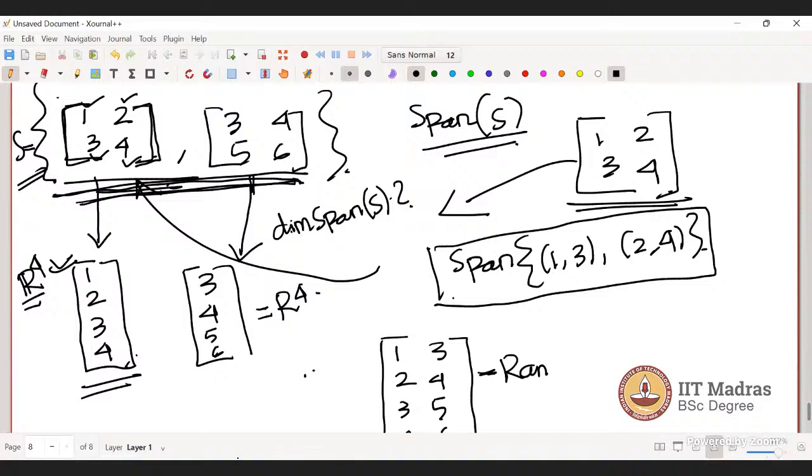The reason I wanted to tell you is this. To know the span of this, you can convert it into a matrix form, compute the rank of the matrix, and this will give you the dimension.